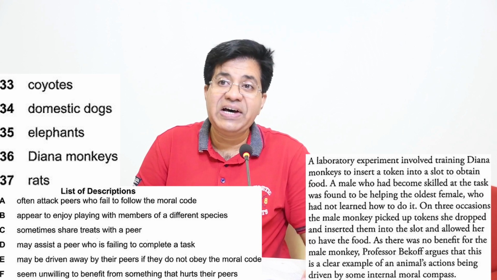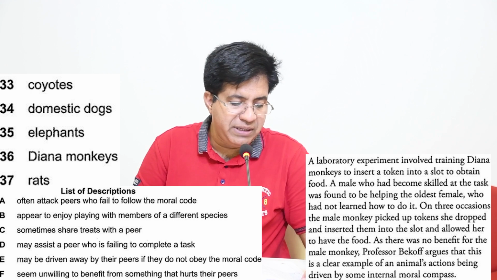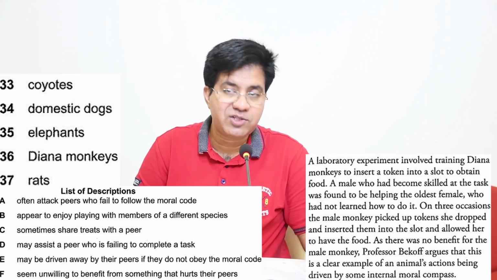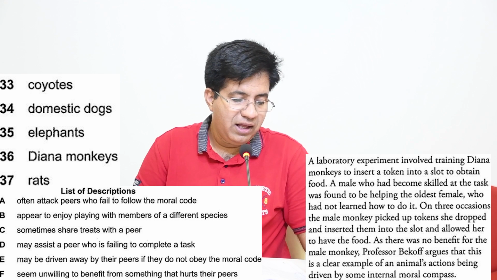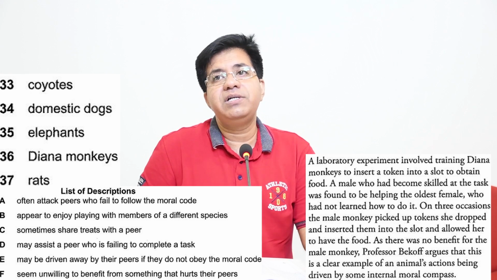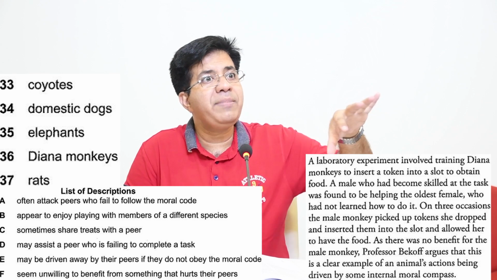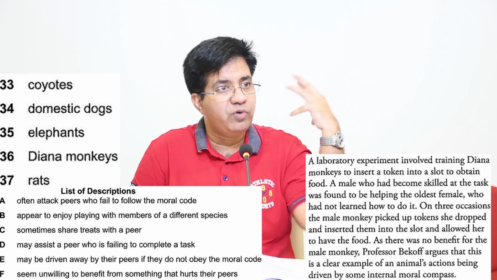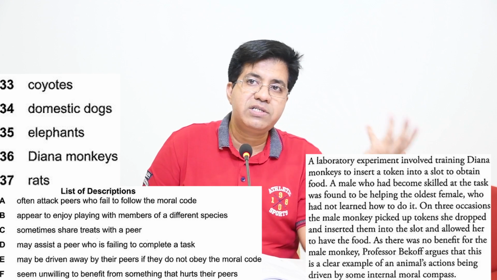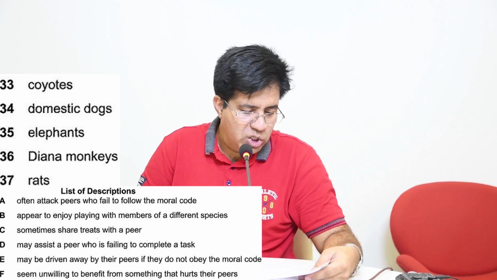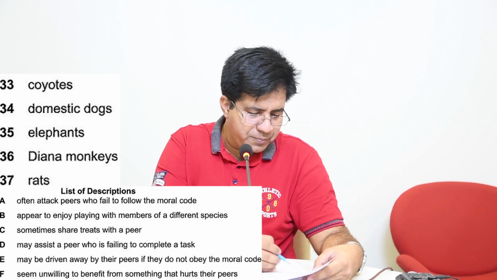Who had not learned. Who had not learned means failed. And what was the task? To insert a, exactly, to insert a token. Now you understand, task, fail, and all. I mean, this is how you interpret the words in the question and how the words are interpreted in the passage.